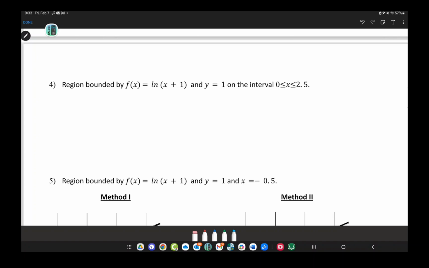Again, for all these, we have to determine, looking at what area we're trying to find, which function is greater than the other. So for all of these, it's going to be the integral from a to b of f of x minus g of x, where f of x is greater than g of x.